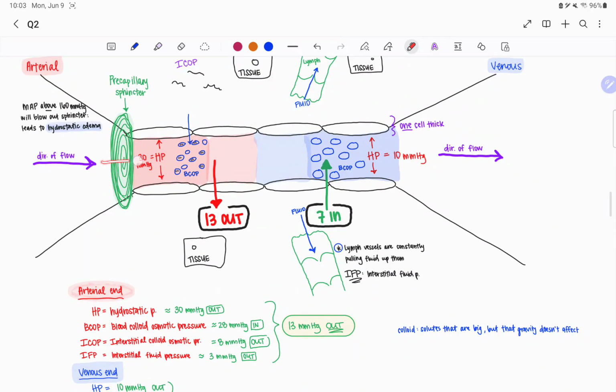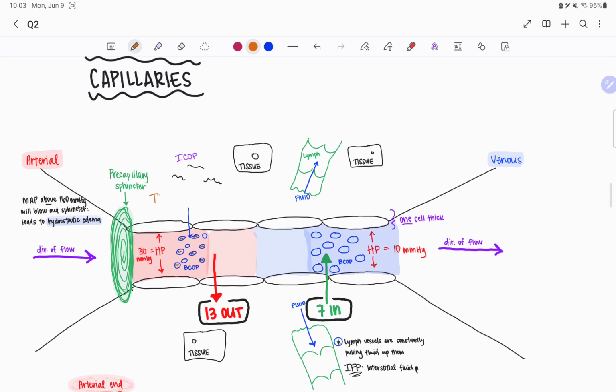Hydrostatic pressure at the arterial end, right here, is about 30 millimeters of mercury pushing out, right? So it's pushing fluid into the interstitium. I'll call this the interstitium.